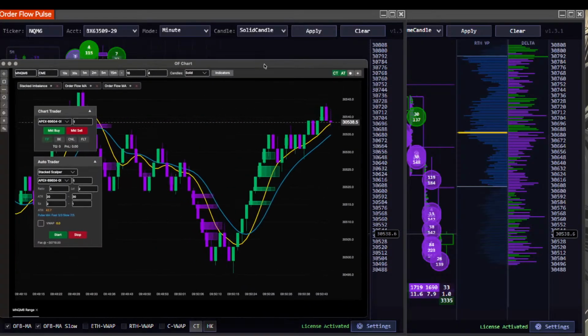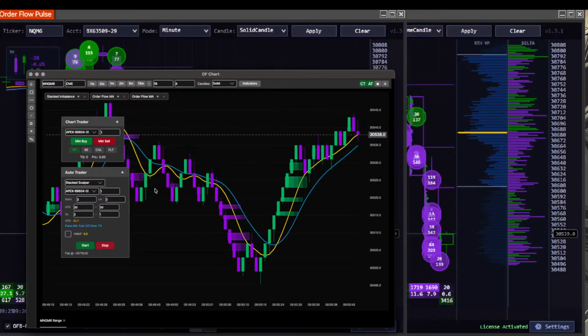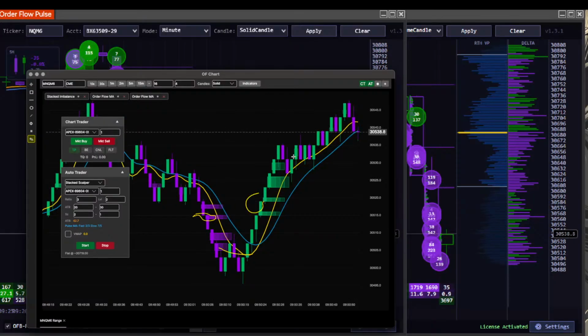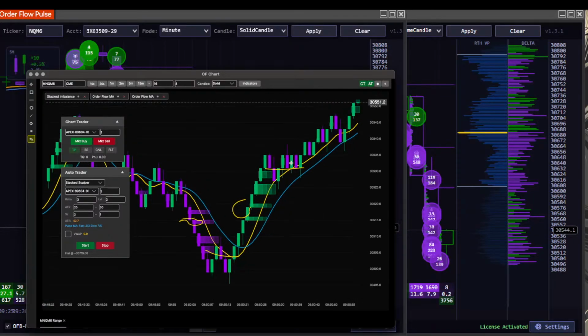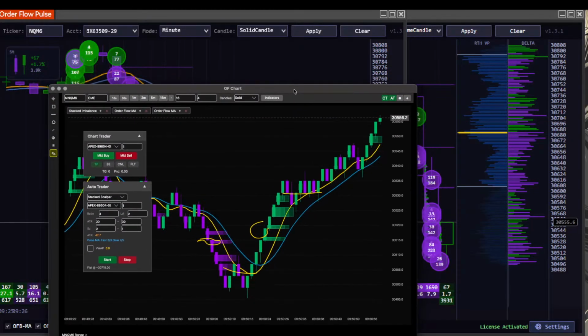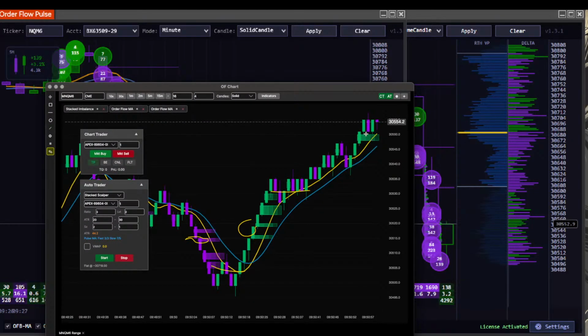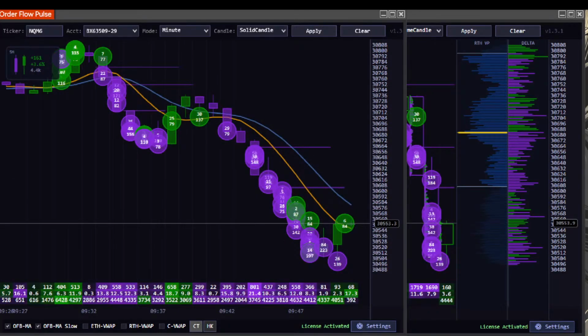I mean, these would be profitable trades right here. This one right here, and you cover right here, profitable. This one right here, and then you sell it right there, profitable. And then it would have taken the trade right there. It probably would have gotten out right there. So, yeah, it's just not worth it.